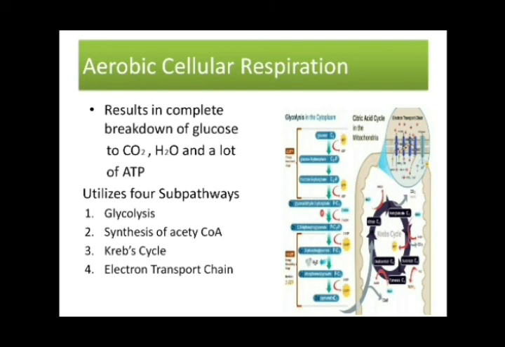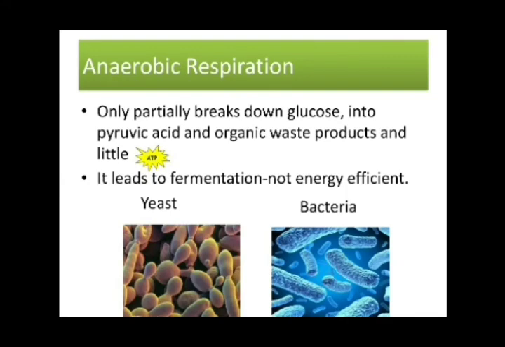Aerobic respiration yields more energy as compared to the other types. It utilizes 4 sub-pathways. First of all, glycolysis. Second, synthesis of acetyl coenzyme A. Third, the Krebs cycle. And the last one is the electron transport chain. In the diagram, there are steps which are followed by aerobic respiration inside the cell.